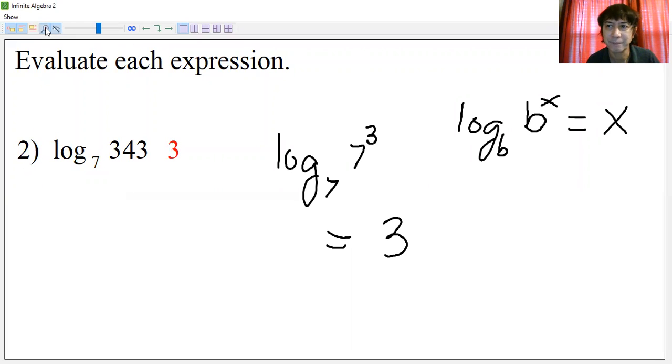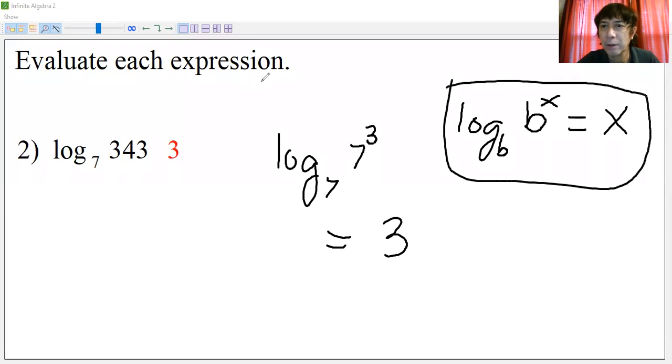All right, so that goes to our number 2. I hope you remember this particular property. All right, and so this is how we obtain the answers. Let's continue with the next, and we clear the board.